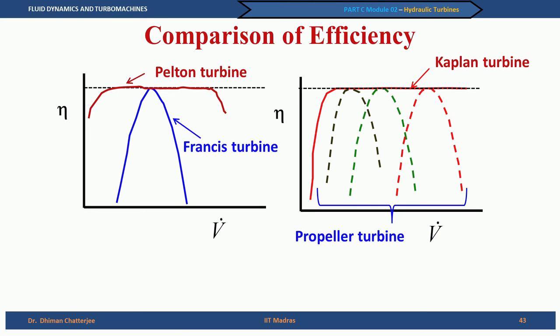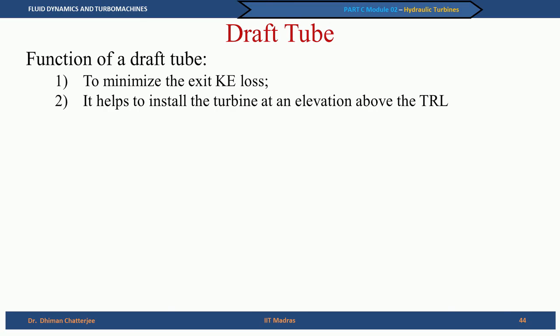So, here we talk about the efficiencies. The next thing that I want to bring in is the notion of draft tube and do simple calculations to show why draft tubes are essential for reaction turbines. So, draft tube serves two purposes.